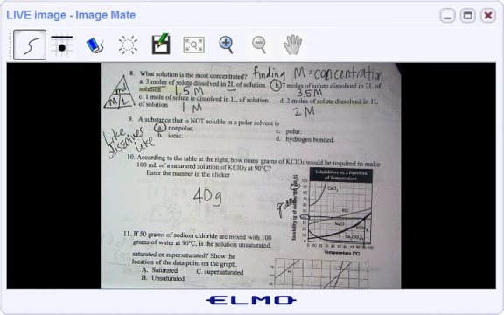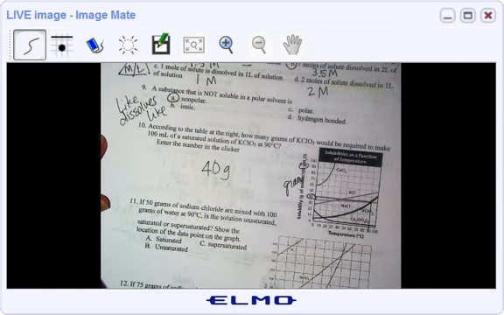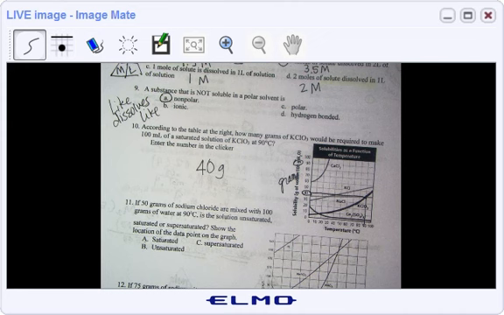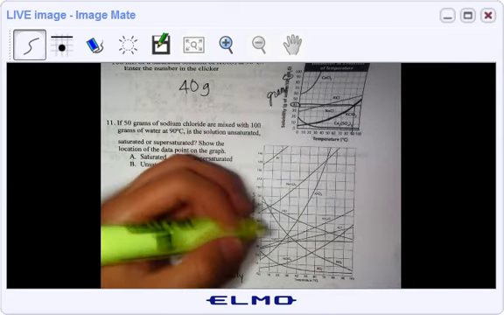Number 11. If 50 grams of sodium chloride are mixed with 100 grams of water at 90 degrees, is the solution unsaturated, saturated, or supersaturated? First I'm going to look for sodium chloride, which is NaCl.